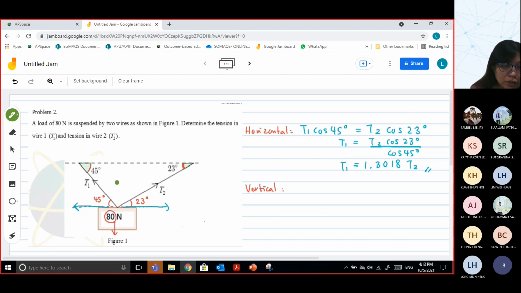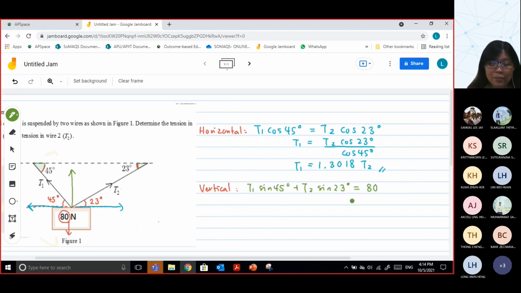For the vertical, T1 and T2 both point upwards. So that means T1 sine 45 plus T2 sine 23 equals the one going down, which is the load, 80 Newton.